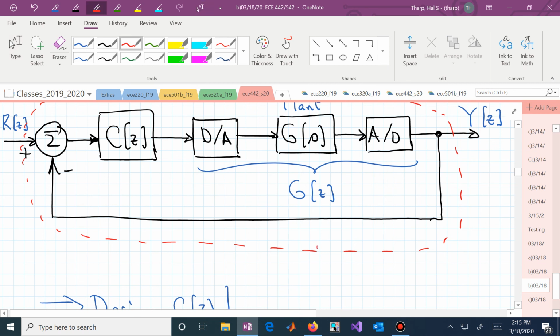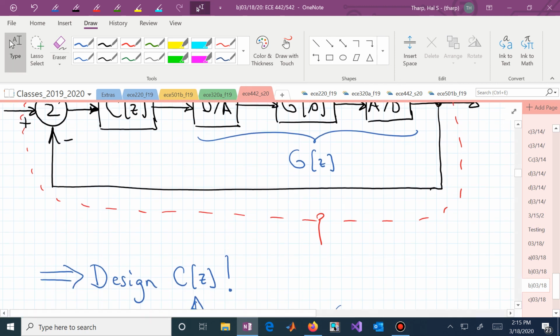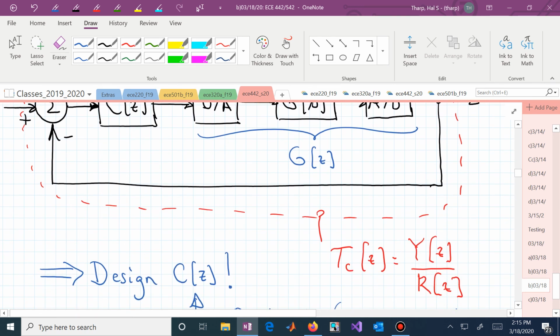But if you've designed a capital C of z and you know what your G of z is, you could find the transfer function between R and Y. You now know what capital T sub C of z is. That's just the transfer function between the reference input R of z and the output Y of z.